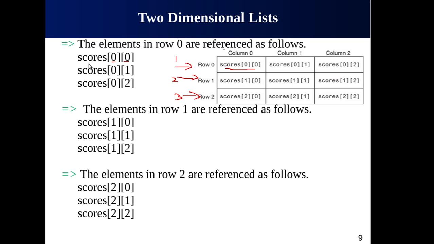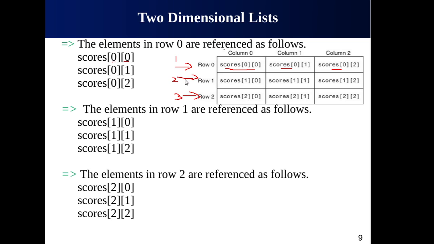Here you can see that you can access the score of the first student by referring to the indexes like this. 0 represents student number 0, or row number 0, and these indexes represent the columns. The columns represent subject number 0, subject number 1, and subject number 2.